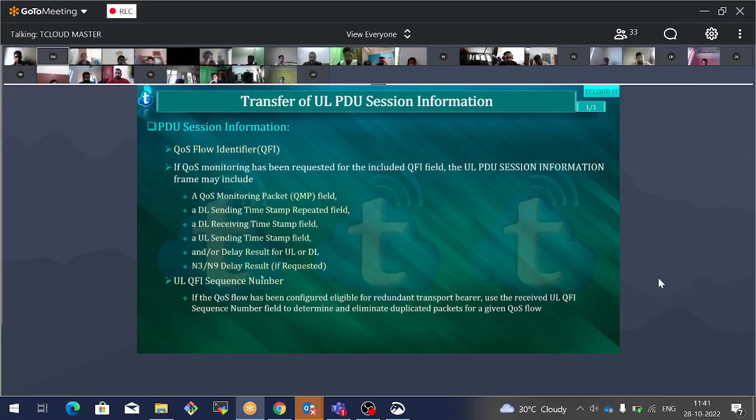On those interfaces, how much delay occurred, etc. These details can be present. Of course, the QFI sequence number can be there. Again, if redundant transport bearer is configured, like multi-IP transport is configured between the NG-RAN node and UPF to provide higher reliability.